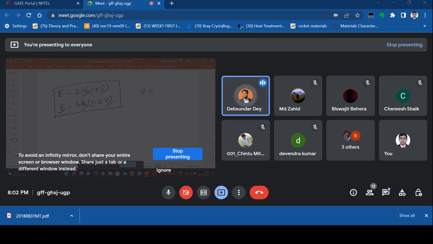It's 0.5. Why? Do you know? Sir, 0.5 is for plastic materials. So at 0.5 the closed packed atoms can be only possible.